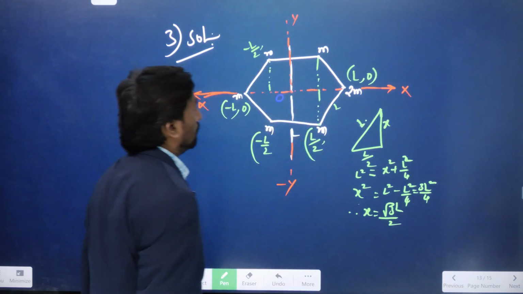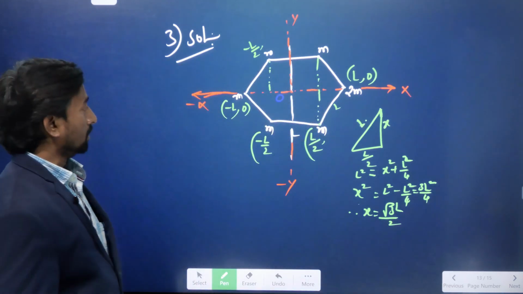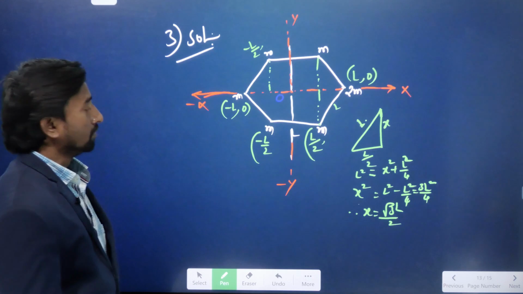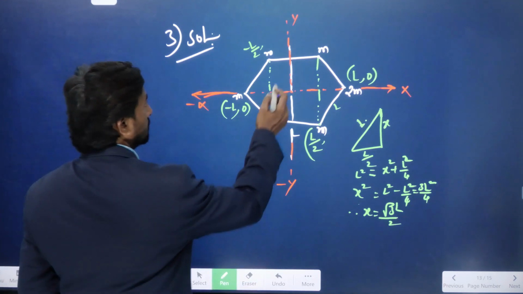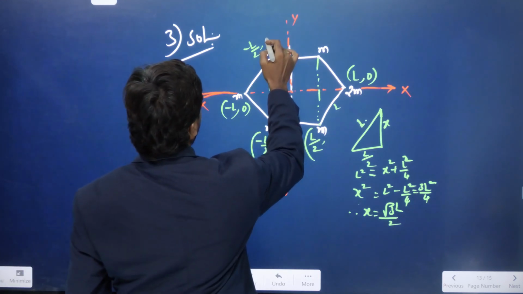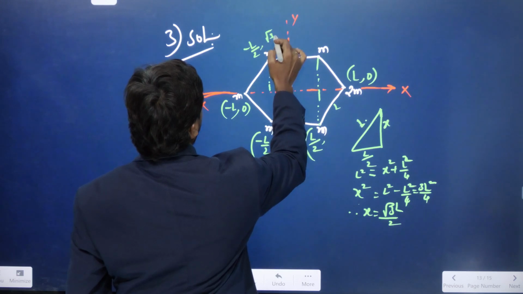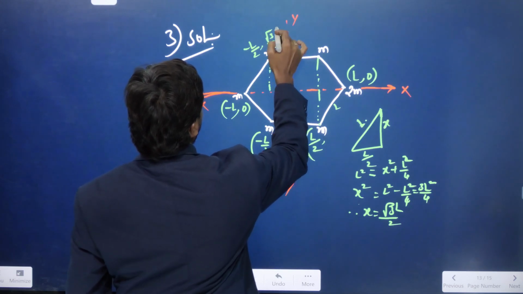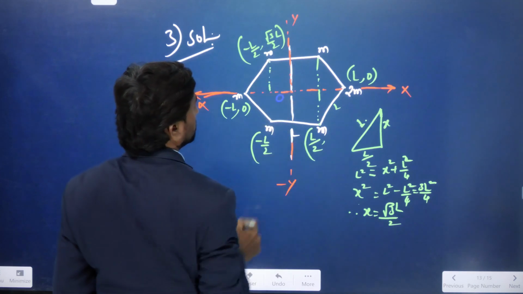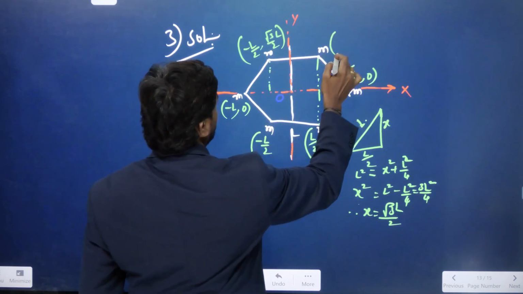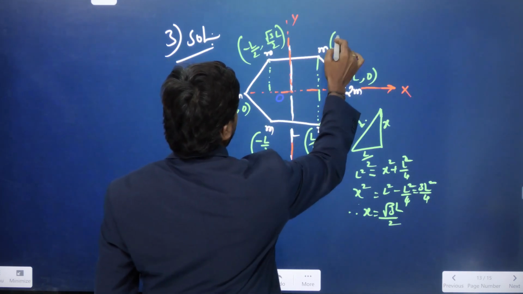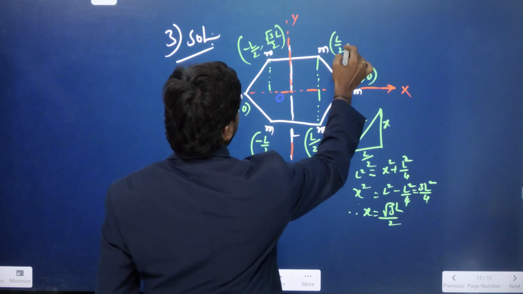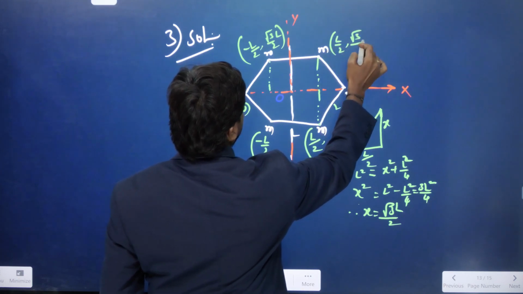So now for all the vertices we will get the y coordinate. This one is along the positive x axis, and we get root 3 L by 2 here. For this particle, on the positive half, the coordinates are L by 2 comma root 3 L by 2.